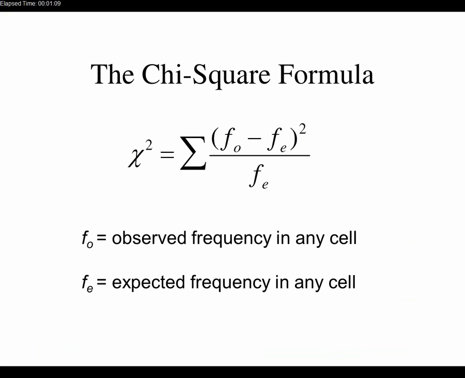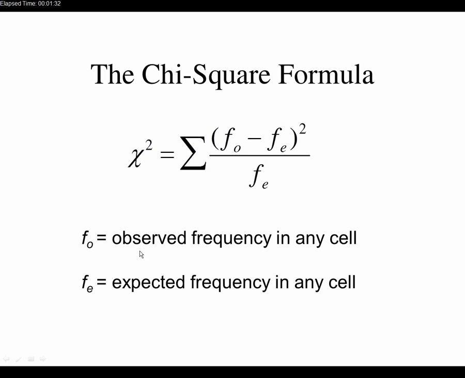Well, the chi-square formula is chi-square equals the sum times the frequency observed minus the frequency expected squared divided by the frequency expected.